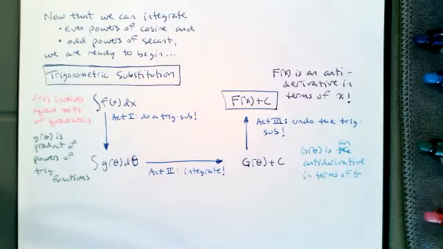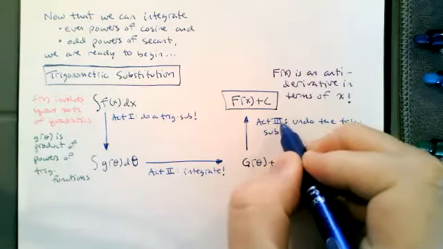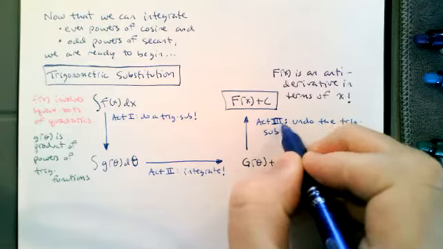But that's going to give us an antiderivative in terms of theta. So then we have to undo the trig substitution that we did. And it's more involved than just replacing the w with x squared plus 3x. So that's Act 3. Those are the things that we have to learn how to do.